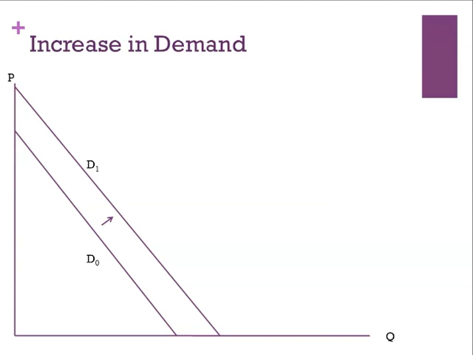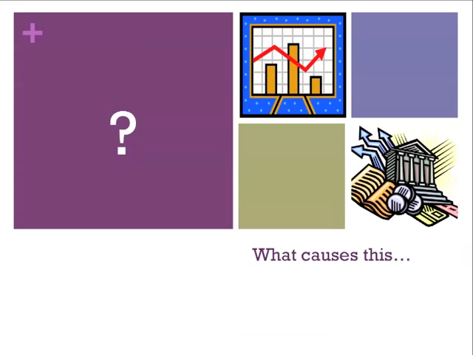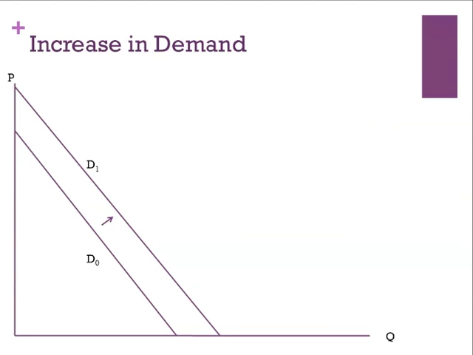And so what exactly causes an increase in demand? A perfect example is the increase of the price of a substitute good. So let's say the curve that we just talked about is the curve for bacon.